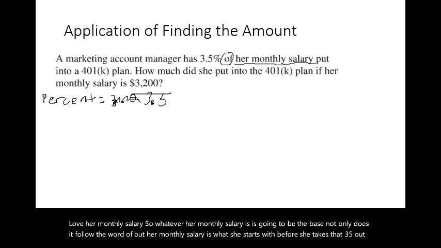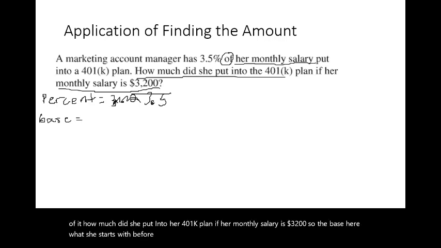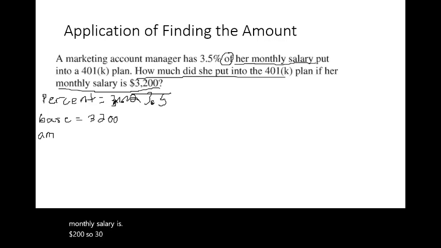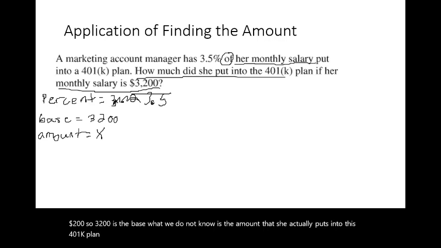How much did she put into her 401k plan if her monthly salary is $3,200? So the base here, what she starts with before the percent is taken, is her monthly salary, and they gave us her monthly salary is $3,200. So $3,200 is the base. What we do not know is the amount that she actually puts into this 401k plan. So the amount is unknown, and X is going to go in for the missing amount.